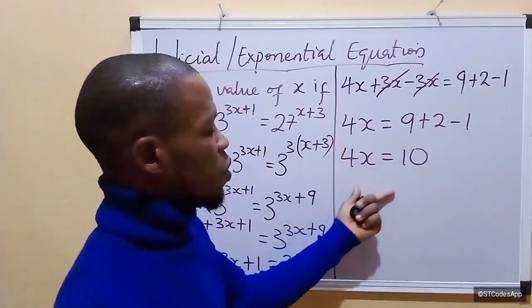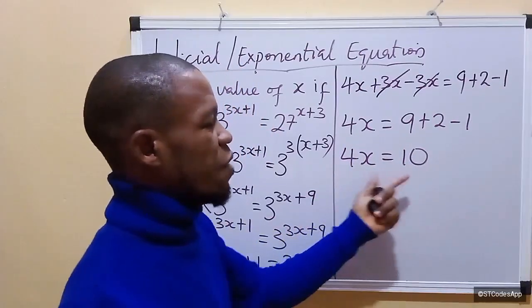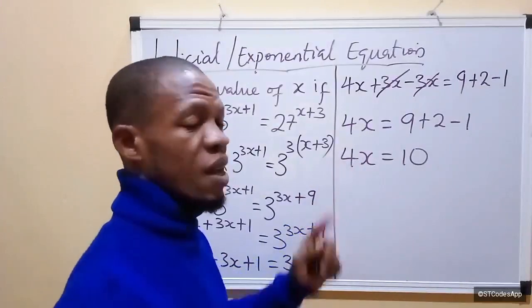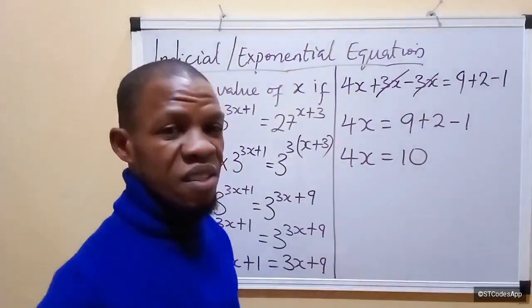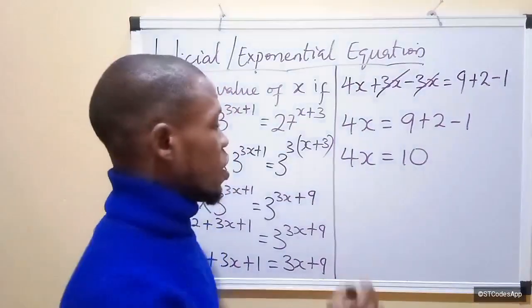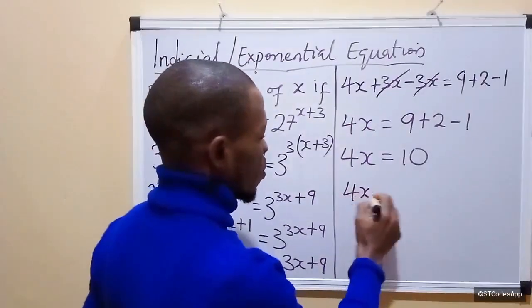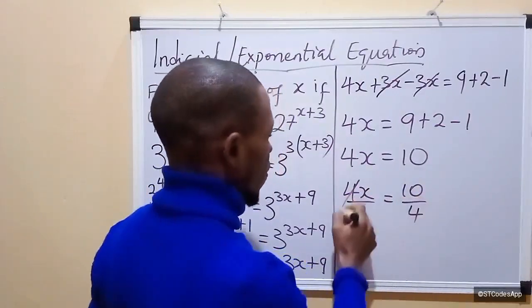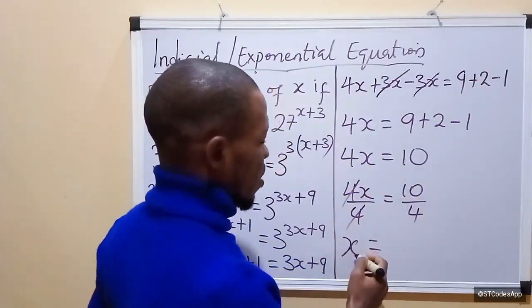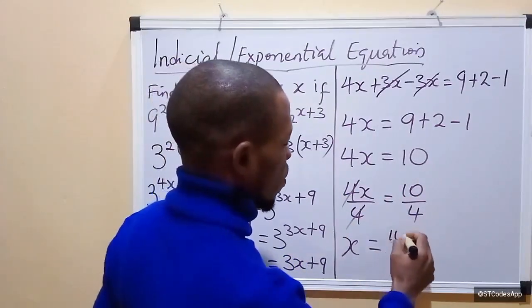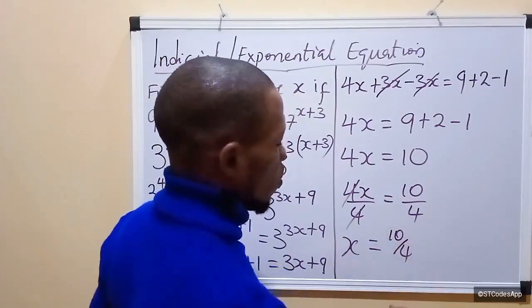So at this point, we are going to find x by dividing both sides of the equation by 4, which is the coefficient of x, so as to eliminate 4, having x stand alone as the subject of the formula, giving us the solution. So we have 4x all over 4 is equal to 10 all over 4. 4 cancels 4 here. We have x left on the left side. Then we have equal to 10 all over 4, which will reduce to the lowest term.